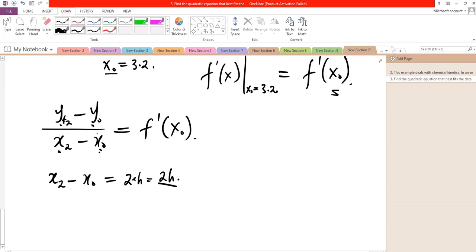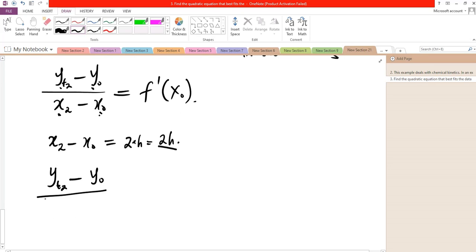Now, having assumed x subscript 2 minus x subscript 0 is equal to 2h, I will just say y subscript t2 minus y subscript 0 divided by 2h is equal to the first derivative function of x subscript 0.